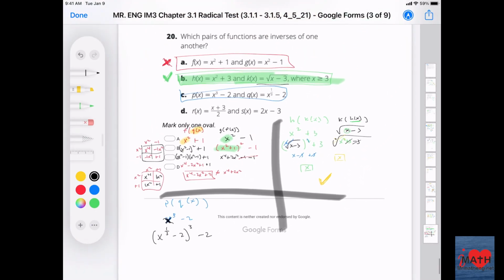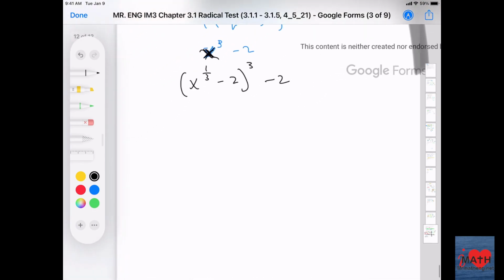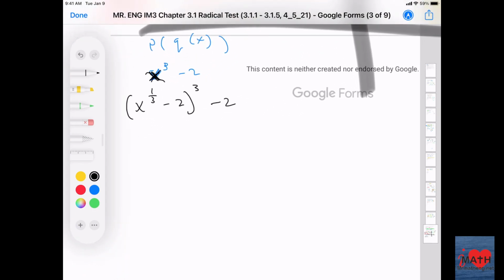Because, let me double check. Yeah, we have to do that 3 times. Oh, boo. Right, x to the 1/3 minus 2, x to the 1/3 minus 2.